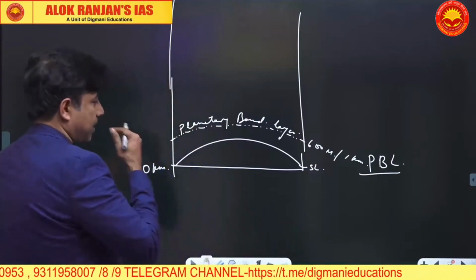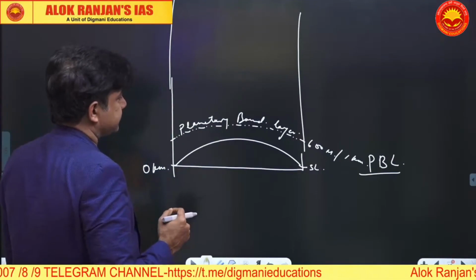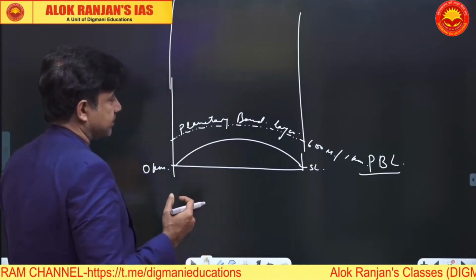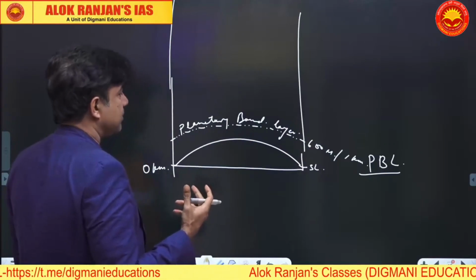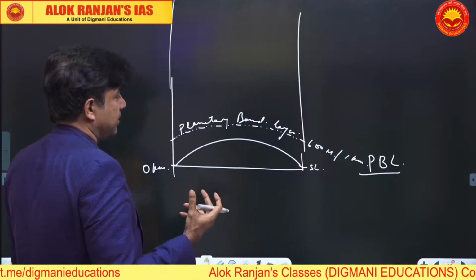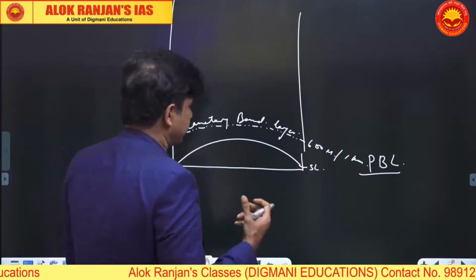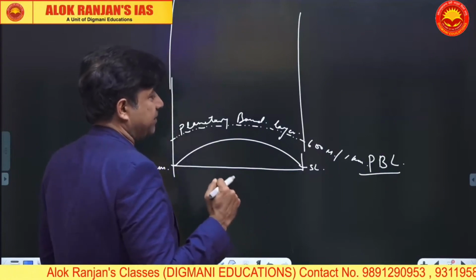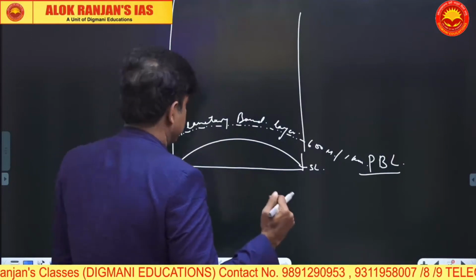Terrestrial friction means the friction which is generated by the surface of the earth. That friction is negligible above 600 meter or 1 kilometer altitude.